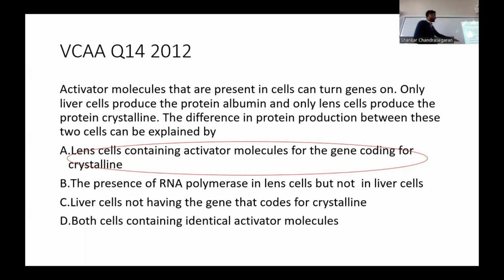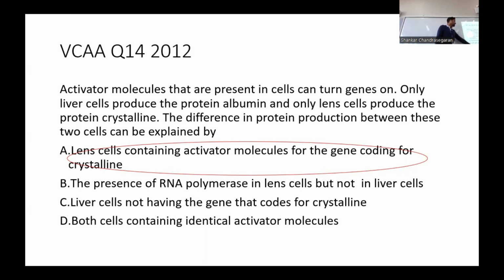Basically, they want you to know that RNA polymerase is going to be present as long as there's protein being made, because that's the first step, right? It needs to be transcribed. Second, they need you to know that DNA is the same for all the cells, regardless of where it's located. So it will have all the genes for every part of your body. It's just that your cells are so specific about which genes they need to express. So they know where to find those genes in your DNA and then express them.